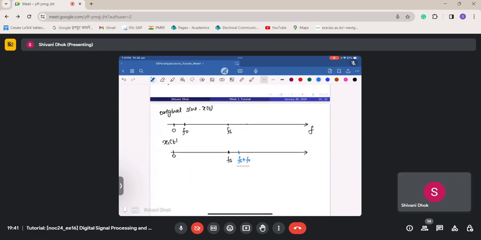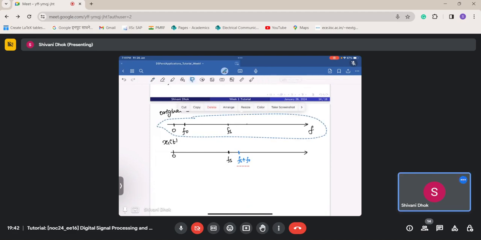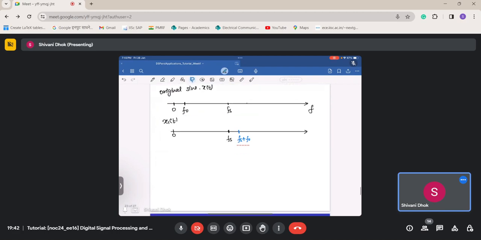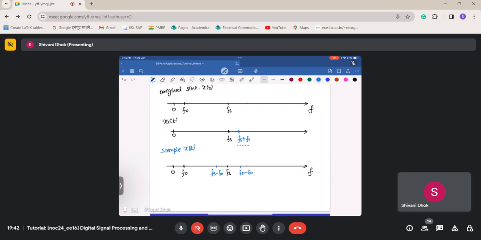Now if I sample x(t), this component will be present, but I'll have a component here, and similarly at 2fs.